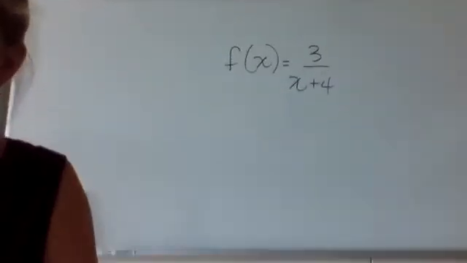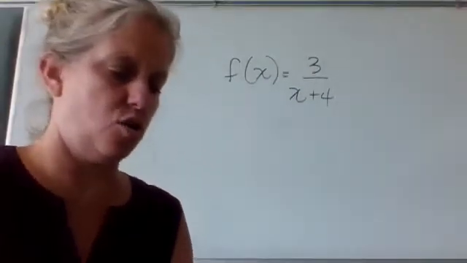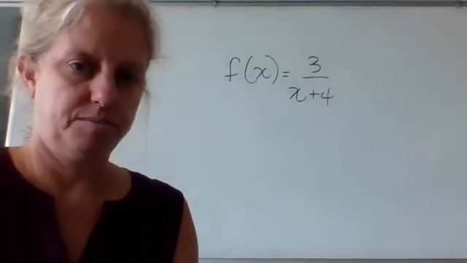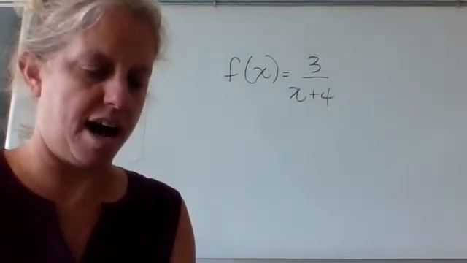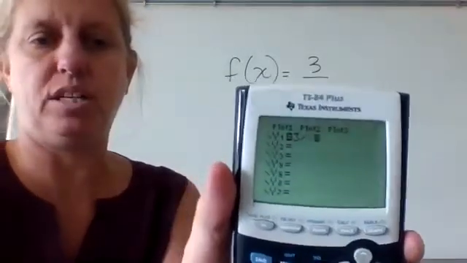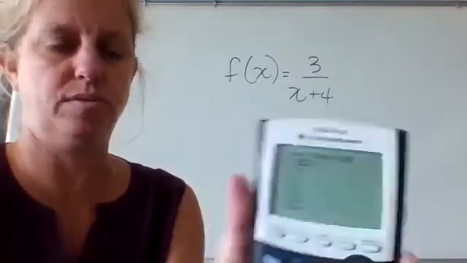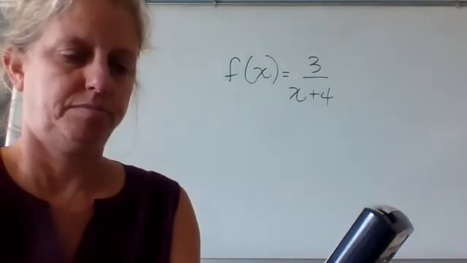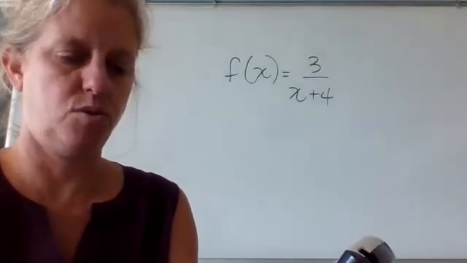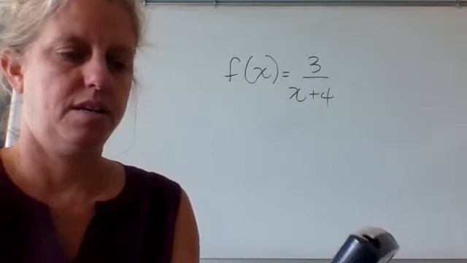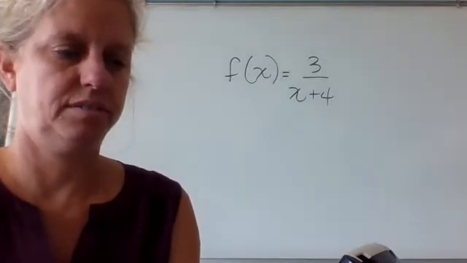If you wanted to check that to see if it's 1 to 1, you can put that in your y equals 3 divided by, then I'm going to put that denominator in parentheses to show that that whole thing is the denominator, x plus 4, close. Then I'm going to graph it.